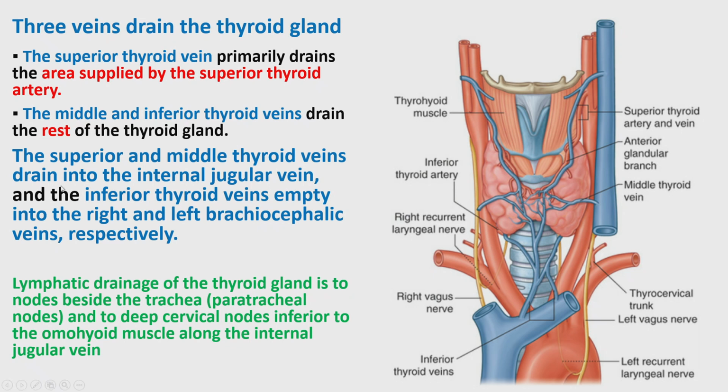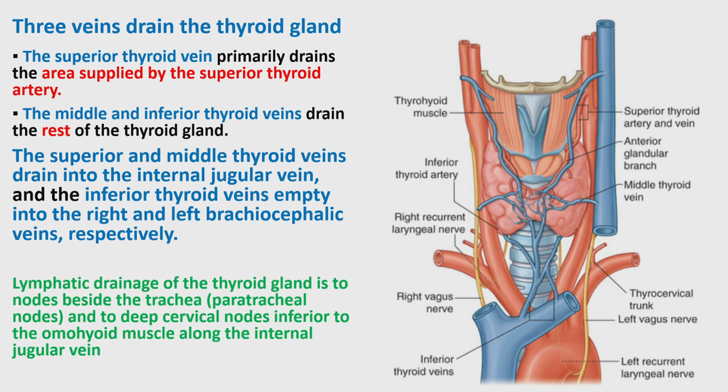Finally, the blood supply and the venous drainage of the thyroid gland. You remember for the thyroid gland you have the superior thyroid artery from the external carotid and the inferior thyroid artery from the thyrocervical trunk. And there is the arteria thyroidea ima, a variation in the midline at the lower pole of the thyroid gland.